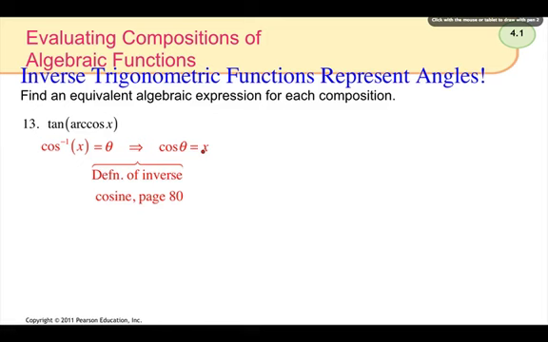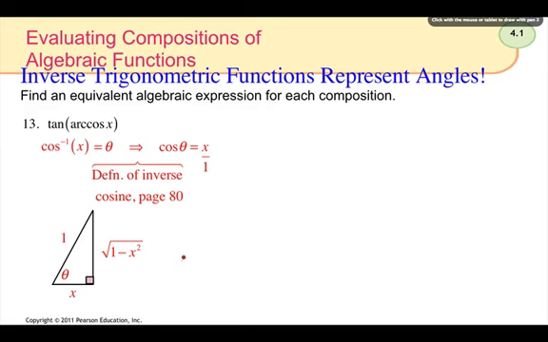From here, I'm going to rewrite this right-hand side as a ratio, so it's going to be x over 1. And then from here, I should be able to draw a right triangle in which the adjacent side is x and the hypotenuse is 1. And that's what I have. Once I know this, I should be able to find this side here, applying the Pythagorean theorem, and it's equal to the square root of 1 minus x squared.